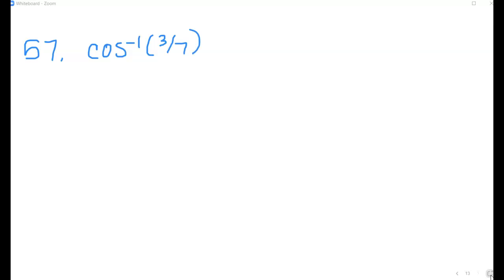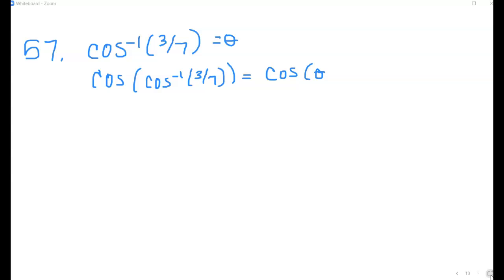Okay, you could be given the inverse cosine and asked to find all the coordinate points within that match the 6 trig values that we know. So the cosine of the cosine inverse of 3/7 is equal to the cosine of theta. So we get that cosine theta is equal to 3/7, which is how we're used to seeing this. Which means that this is the adjacent and the hypotenuse.